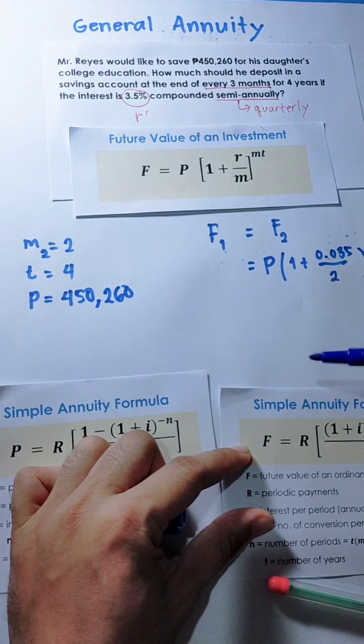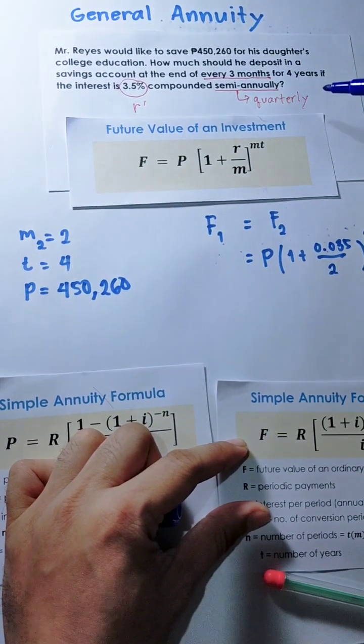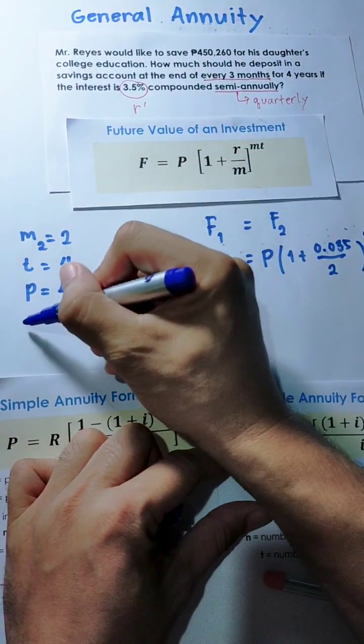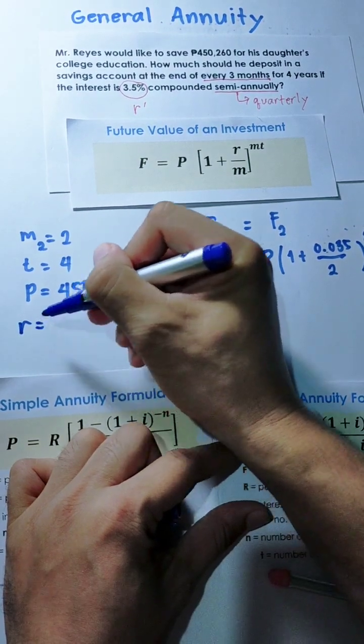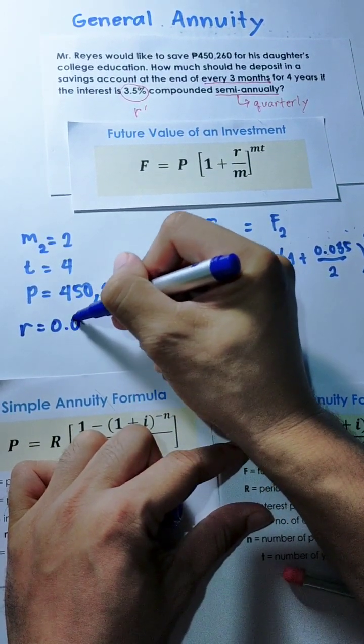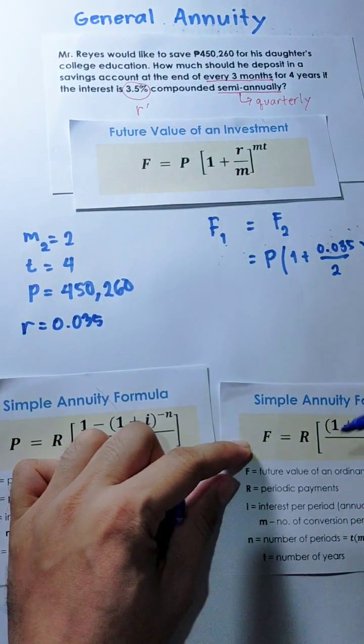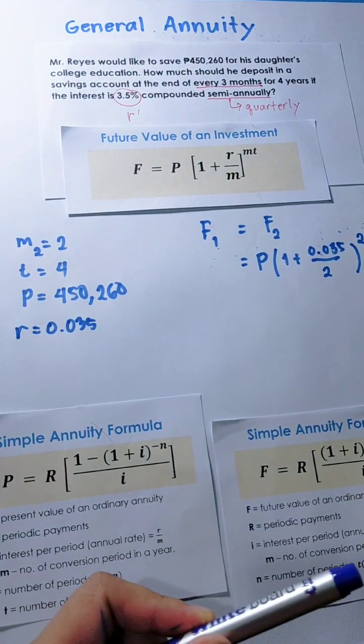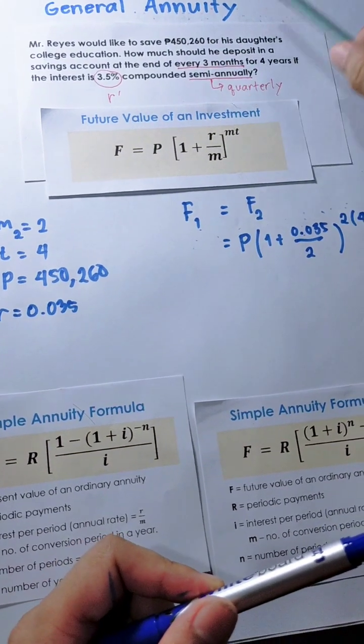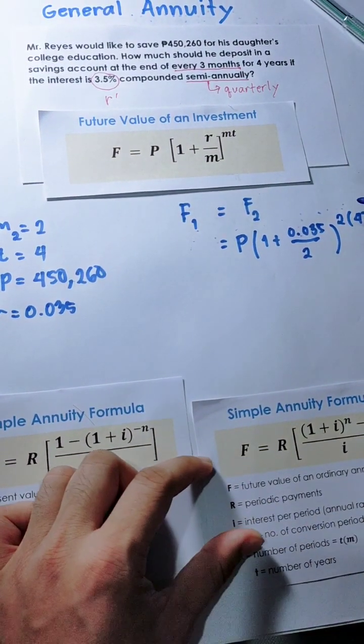And then what else do we need? The interest rate is 0.035, that is 3.5%, and the payments are every 3 months. Okay, no problem for that.